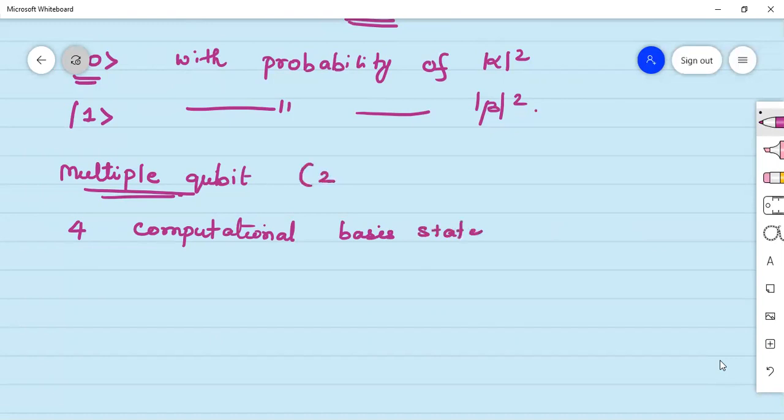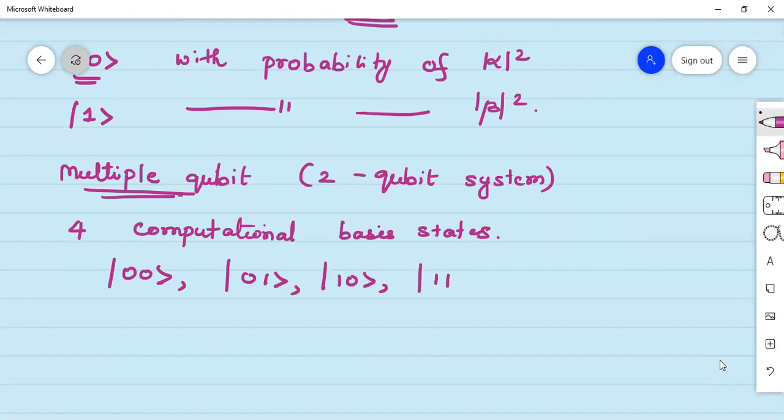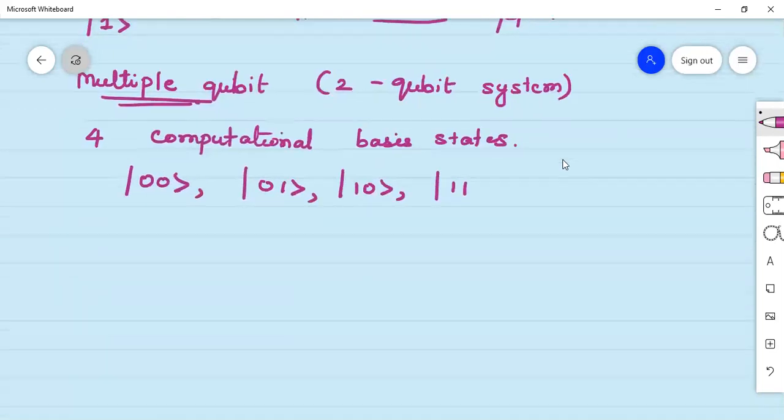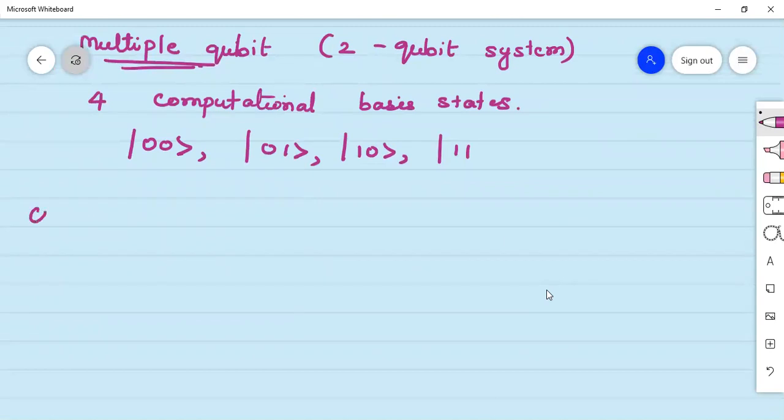Means if we are using a 2 qubit system, it will have 4 computational states, which will be 0 0, 0 1, 1 0 and 1 1, right? So here we can write it as 0 0, 0 1, 1 0 and 1 1. And how can I represent the quantum state for this? Psi, right? So we can represent it like this.